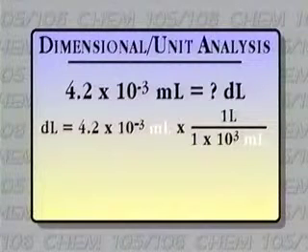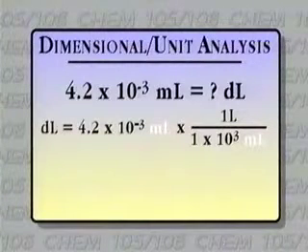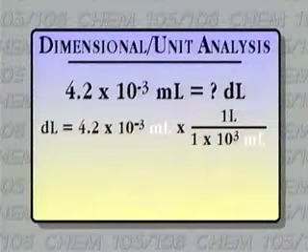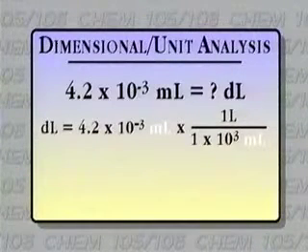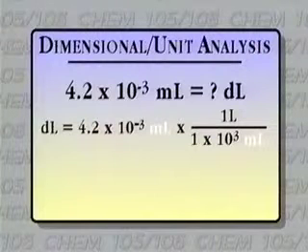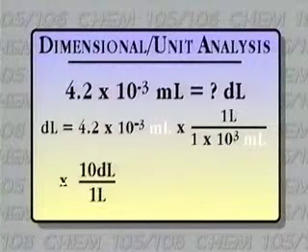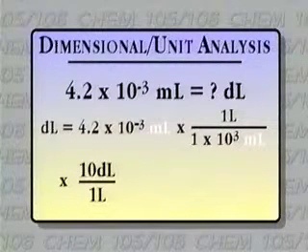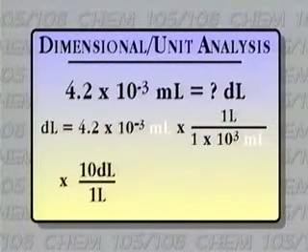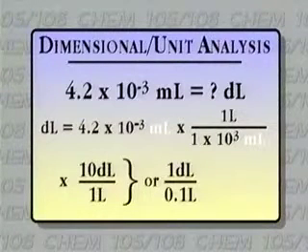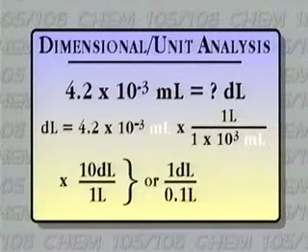We want deciliters. And deci stands for 1/10. So we now have to put a conversion factor in here for that. And we can say then that there are 10 deciliters per 1 liter. Or we could also write that there is 1 deciliter per 0.1 liter.